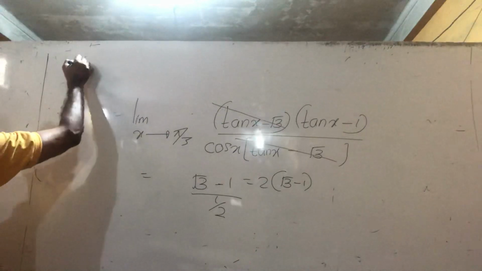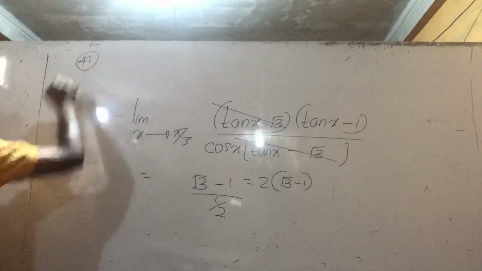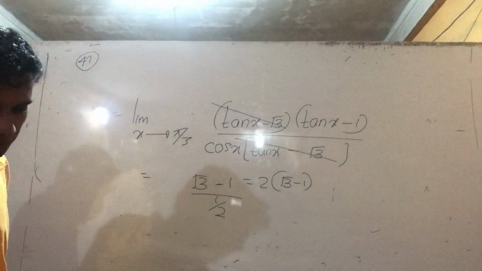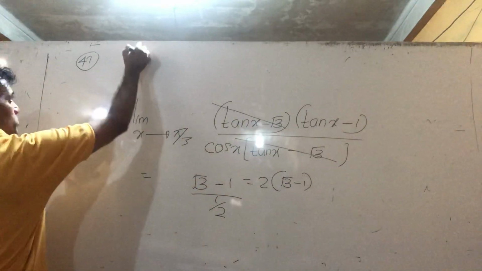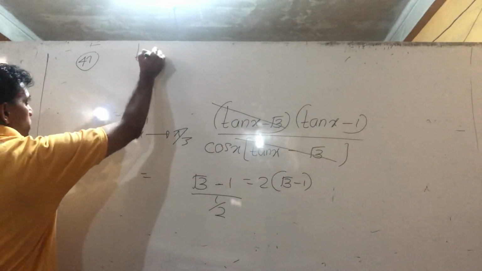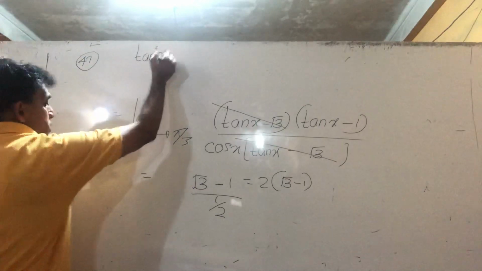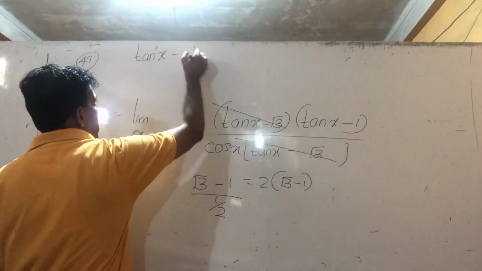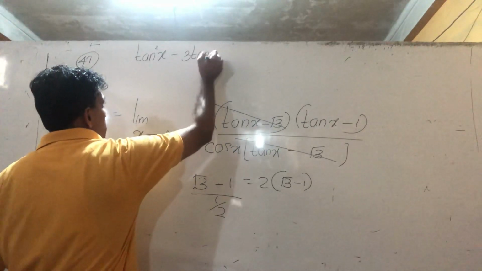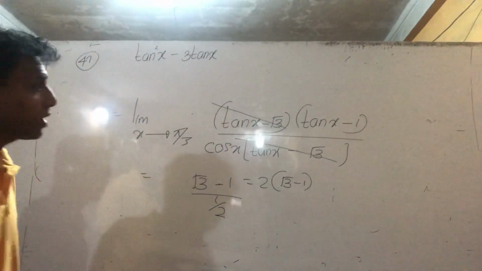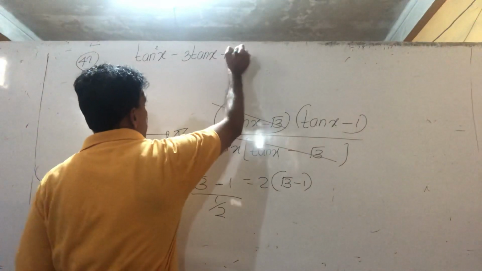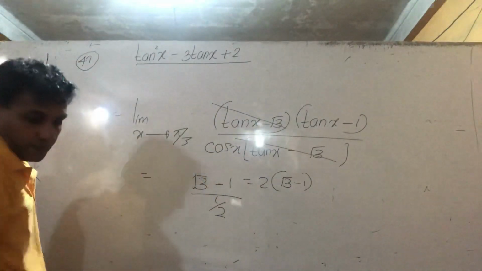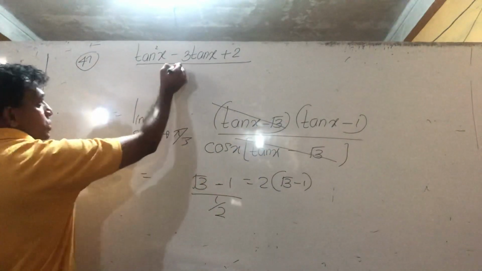Next question 47. Problem 47: limit x approaches pi by 4 of tan square x minus 3 tan x plus 2, over sin x minus cos x.